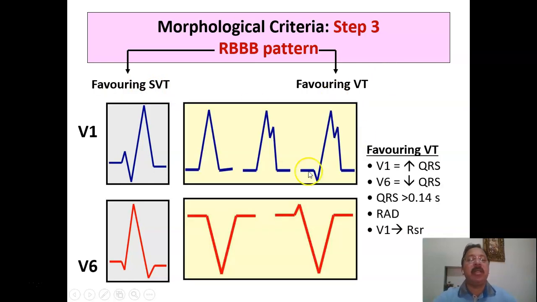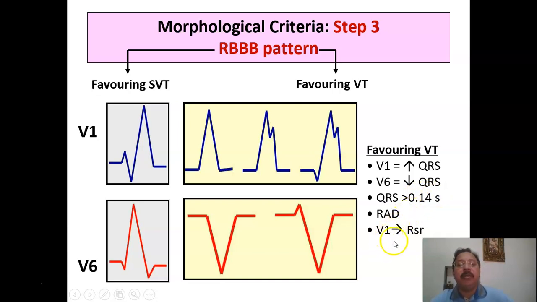But if this pattern is lost, V1 stays positive but V6 becomes negative, then such a wide complex tachycardia is probably ventricular tachycardia. You will get positive QRS complexes in V1 and negative QRS complexes in V6. The QRS complexes become wide, like 4 to 5 small boxes. There may be associated right axis deviation.